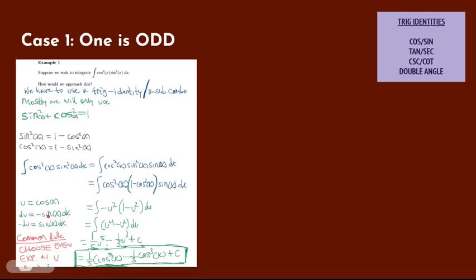And so then dx is going to be du divided by negative sine x. So in that case, the sine x is canceled out, right? Hopefully this is just review of u sub. And then the negative, don't forget the negative, it ends up right here. And we replace all the cosines with u's. So u squared times 1 minus u squared.